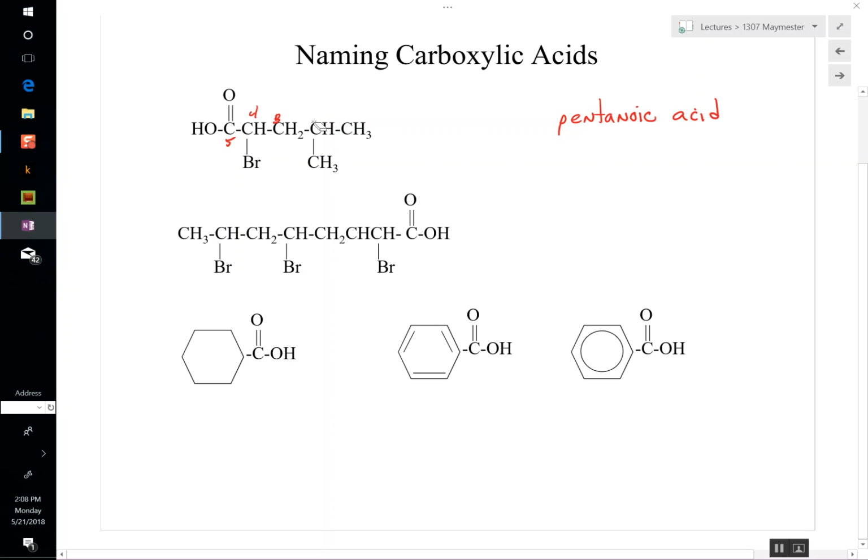Well, I numbered them the wrong direction. This is carbon number 1. Two bromo 4-methyl. Okay. How do we like that? 2-bromo-4-methylpentanoic acid.